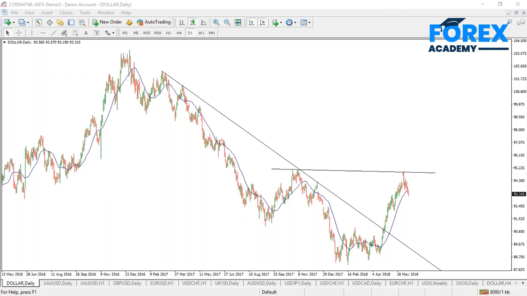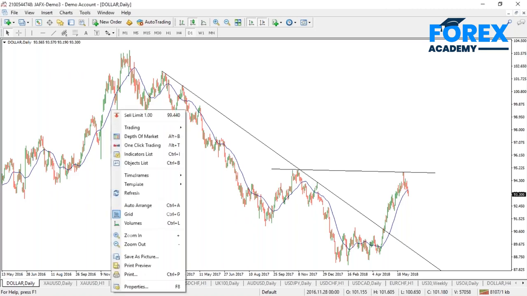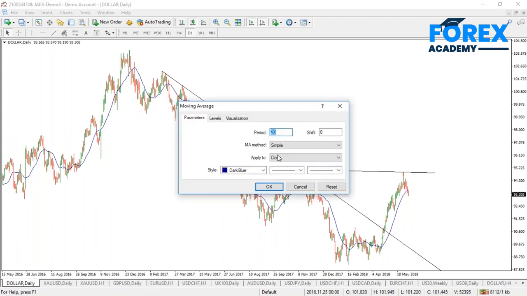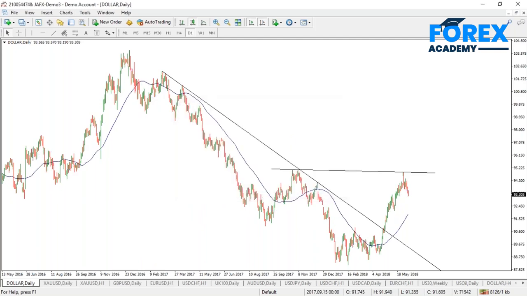So for example, if we go into the moving average and change the period to 50, we can see that we again have a positive sloping moving average. What prices generally like to do is trade back to the moving average.